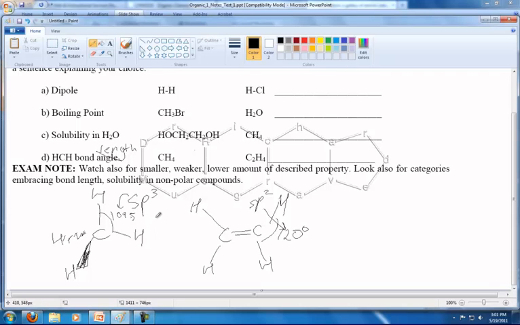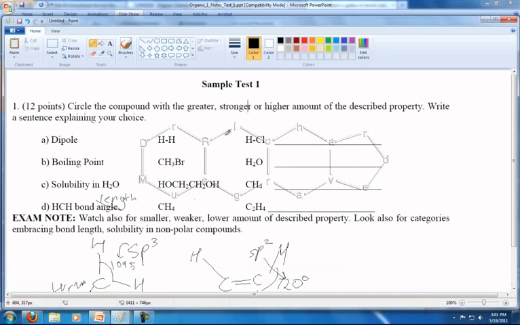Again, the reasoning would be based on hybridization. sp3 has longer hybrids than sp2, so CH4 would have the greater bond length than the C2H4 would. That would be the one you would circle. Keep in mind for this question, I don't have to just ask greater, stronger or higher. I can also ask for lesser, weaker and smaller.